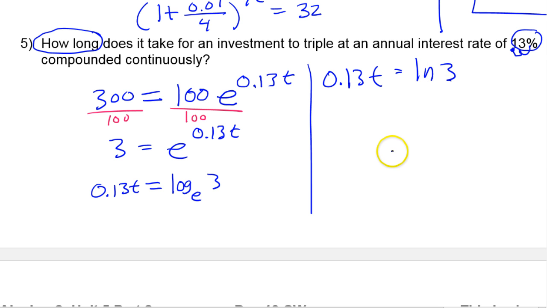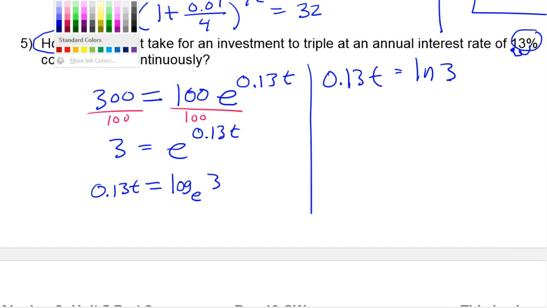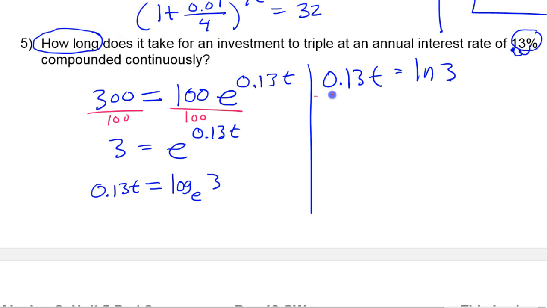So what's the last step? Divide by 0.13. Correct. So we will divide by 0.13 on both sides. All right, so that's going to give us t equals, and then just put this in your calculator.